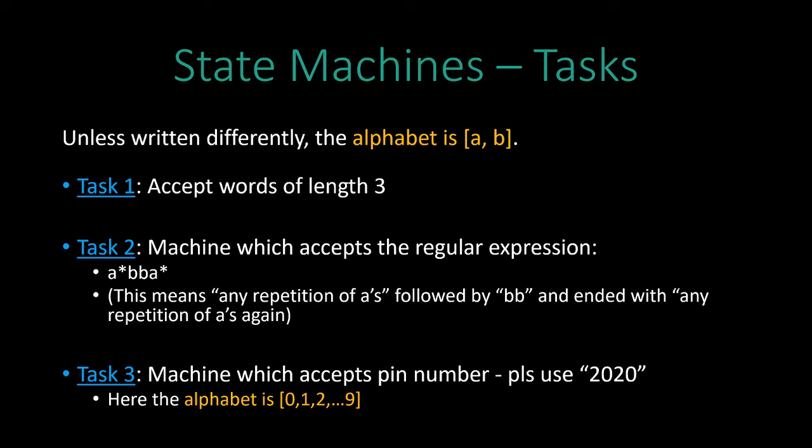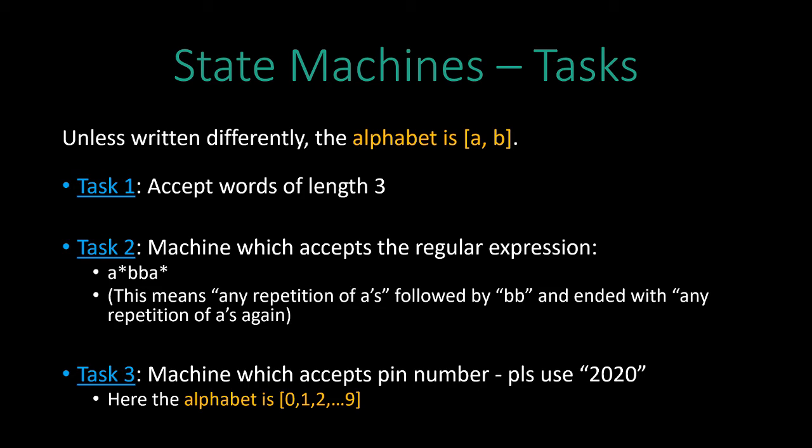If we read something extra after this, for example B, then we would want to end this. Or if we read something wrong in the middle, we can also start ending it. But you don't have to draw all the states, just the ones that lead you towards the accepting state. Okay, so this one should be relatively easy.